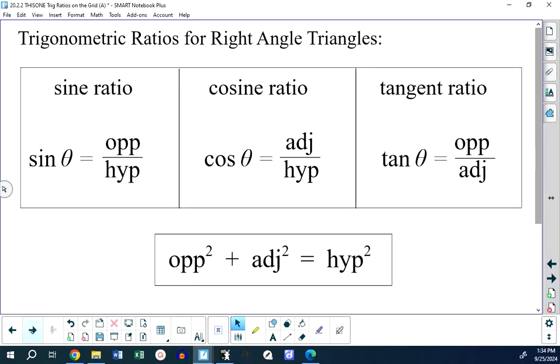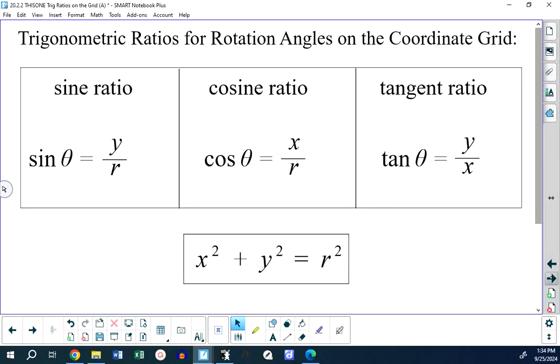So if you turn the page now, this is grade 10, right? We learned this in grade 10. Now it's out the window, and this is what we use instead. Don't get me wrong.